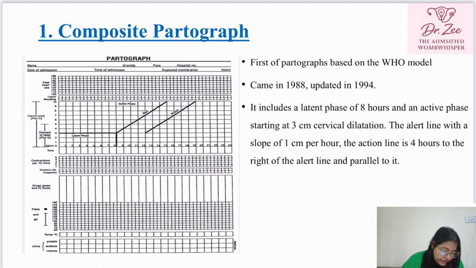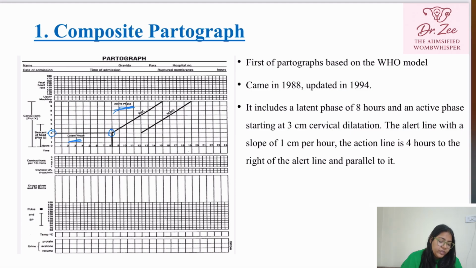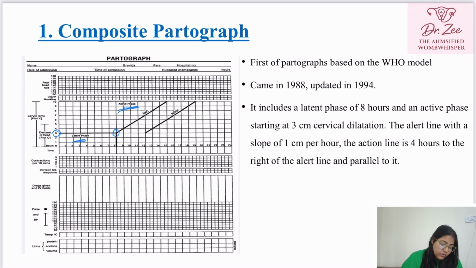Here you can see there is a latent phase and then an active phase, and the active phase begins when the cervical dilatation is 3 centimeters, and there are rows for fetal monitoring, labor monitoring, and maternal monitoring. So this is what the composite partograph was. It came in 1988 and was the first partograph based on the WHO model. It was updated in 1994.